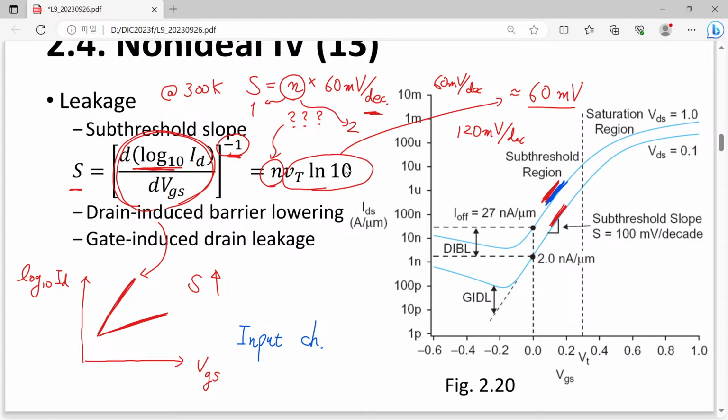Usually we wanted to have a value of n much smaller than 2.